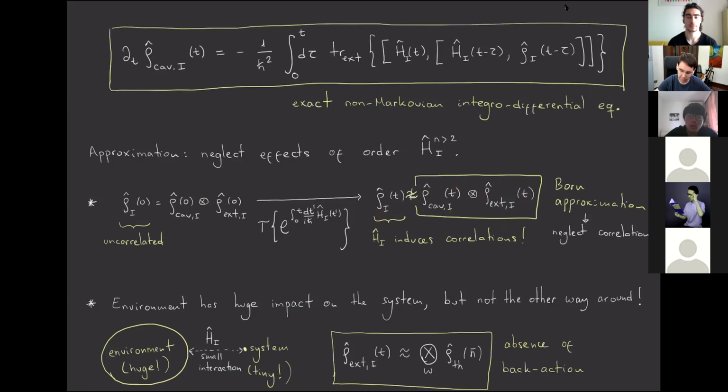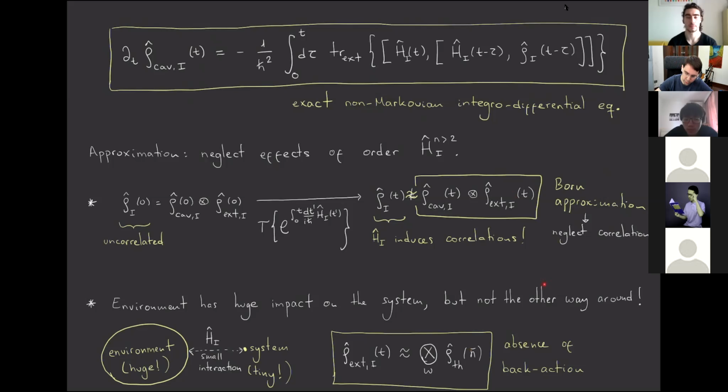And then we assume the absence of back action from the system to the environment, because the environment is a huge thing that cannot be much affected by the interaction with a tiny system, okay? In particular, we assume that the external state is essentially the thermal state, the equilibrium state of the environment that we are working with.